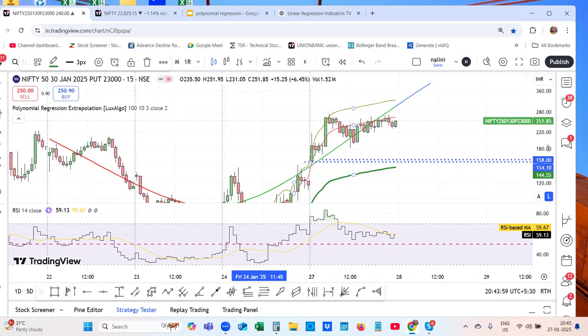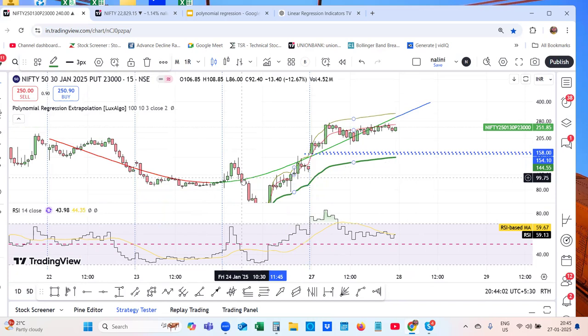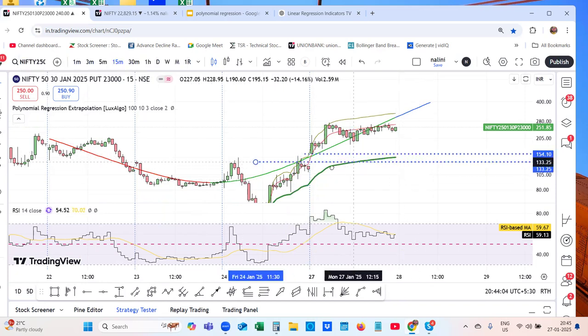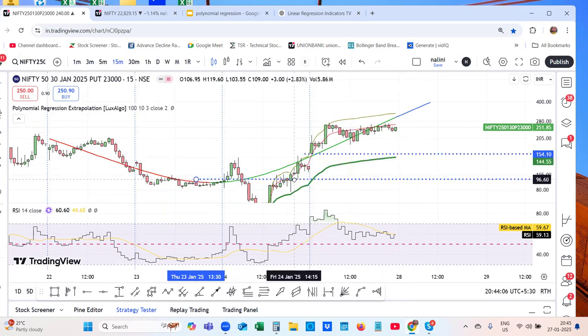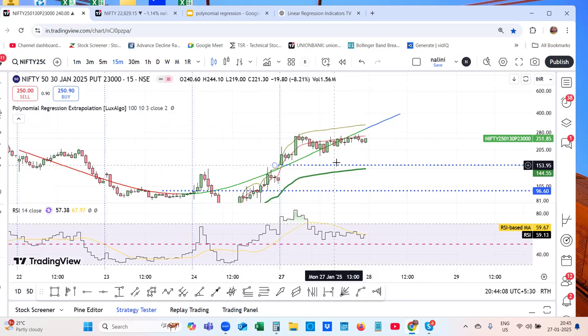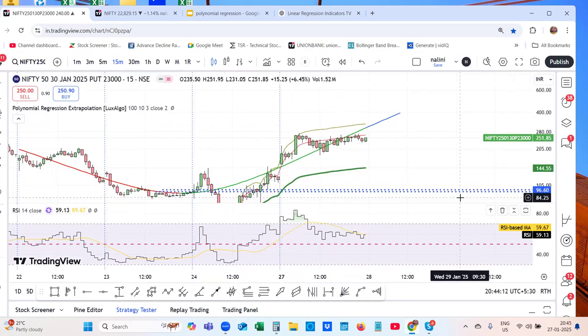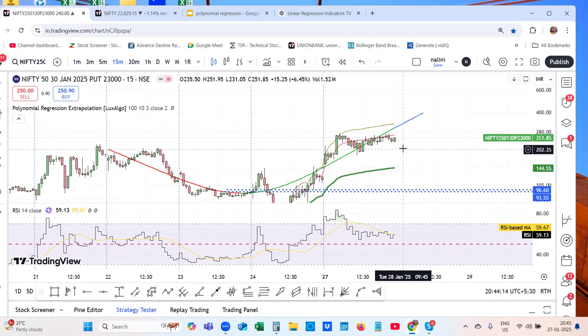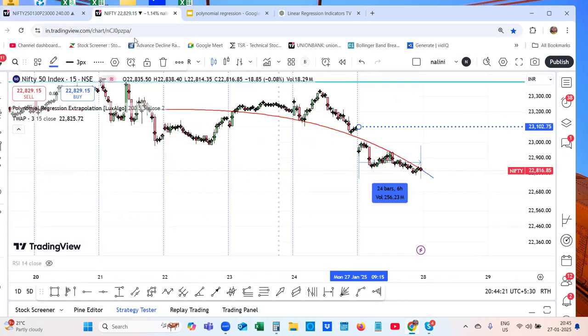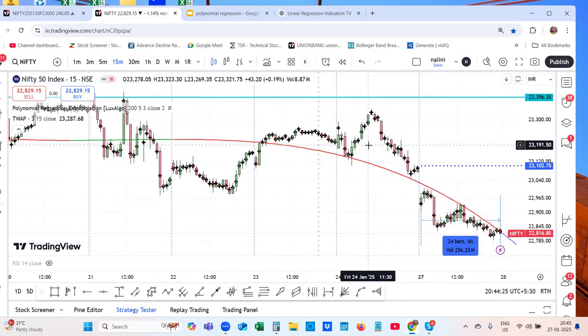Still the polynomial regression line, the curve, the average line, it is here. It has turned positive here. So from around 96, it has gone up. Even for any dip in intraday, you can see what is happening in the market for the underlying.